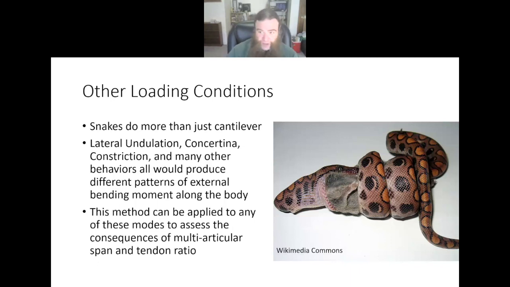So all of the stuff in the beginning was all based on cantilever with this external load that rises to I squared. But what if that's not the case in, say, lateral undulation or constriction? How does that change the results we see? And so this method can be applied to assess the consequence once we know those external loads. That's the trick. Now we need to find those external loads, which is one of the things that we're currently working on.